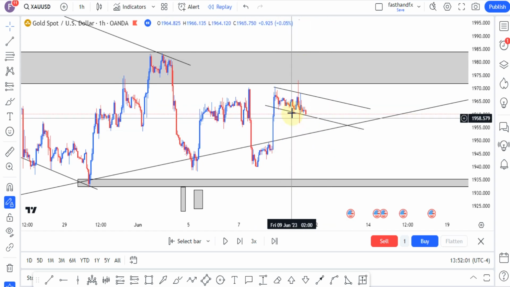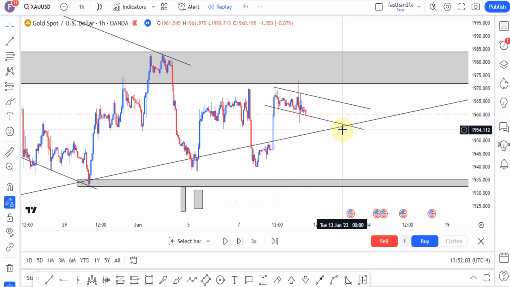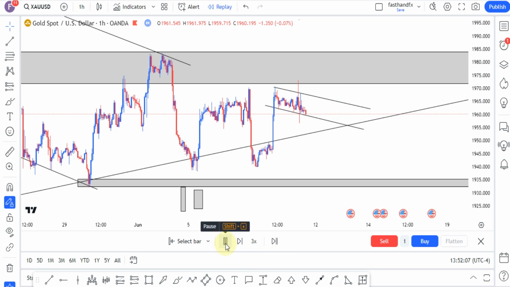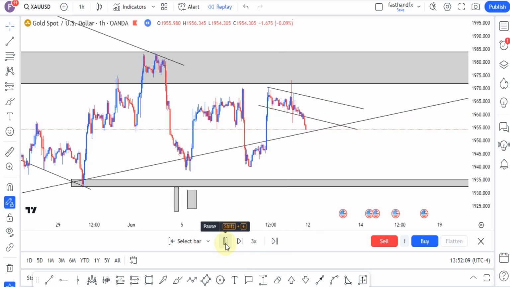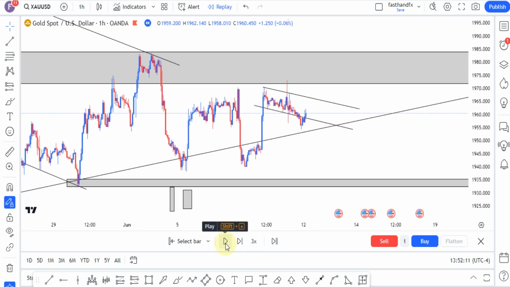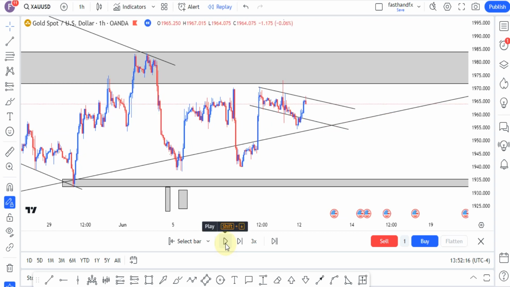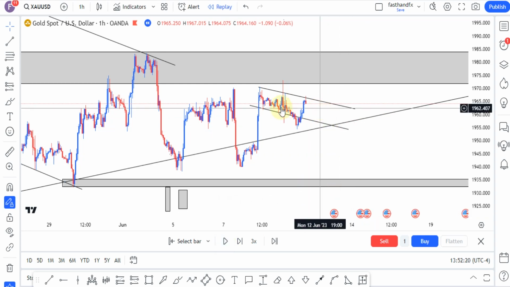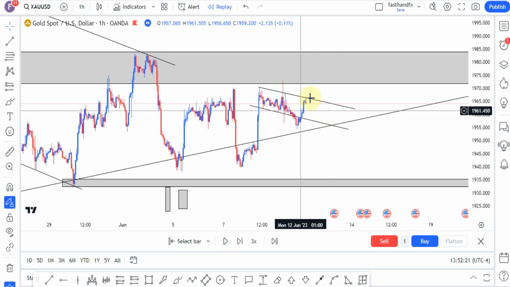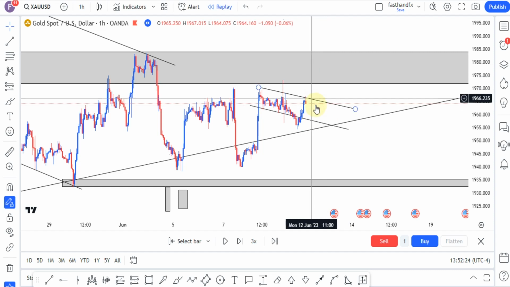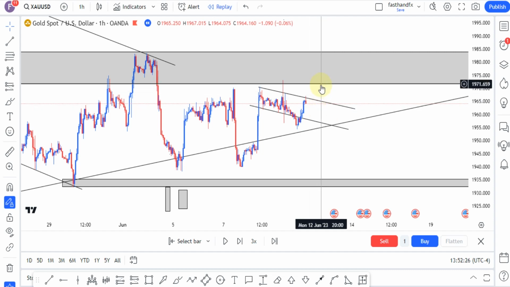So let's see how the market behaves around this correction area. What do we expect? If the market does break above this area, we should be looking for maybe scalp buys.